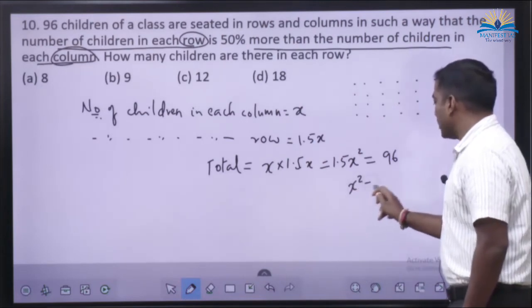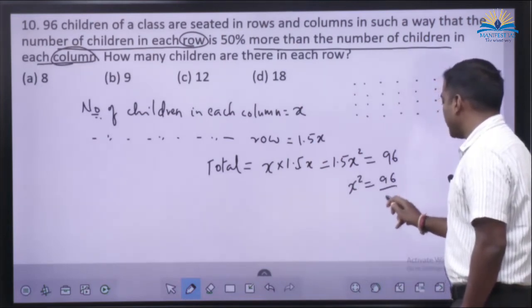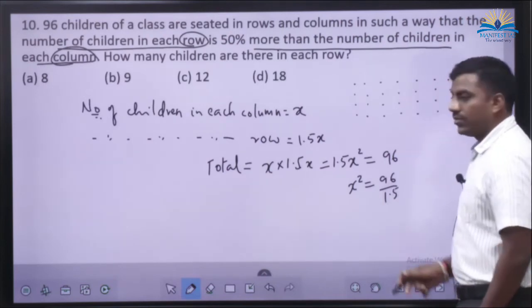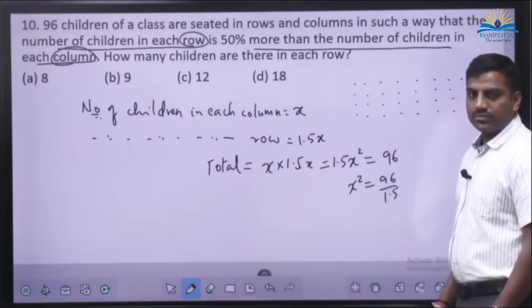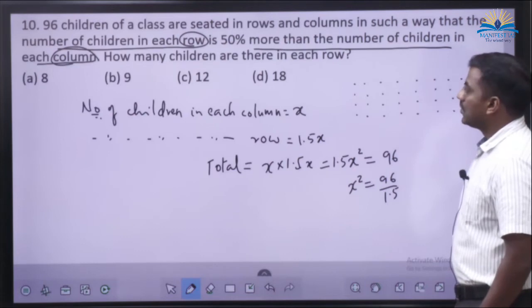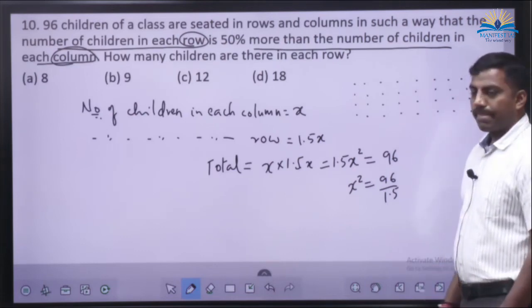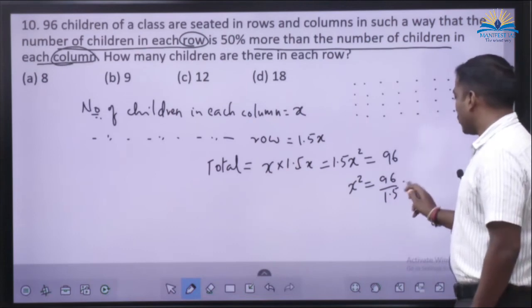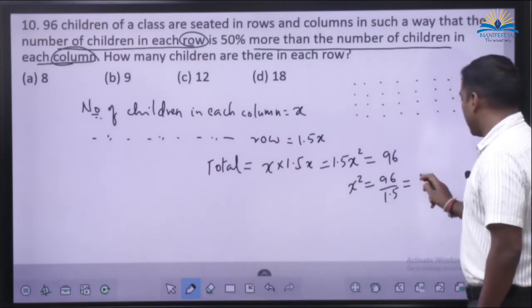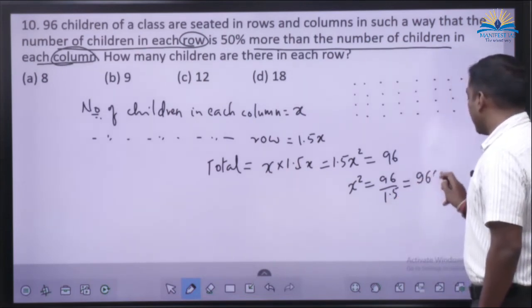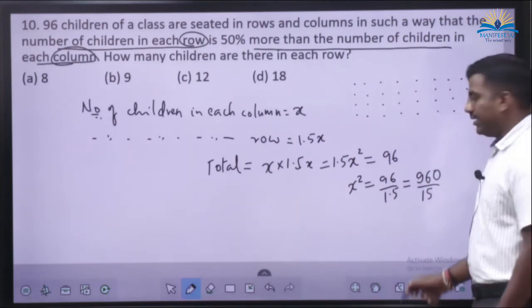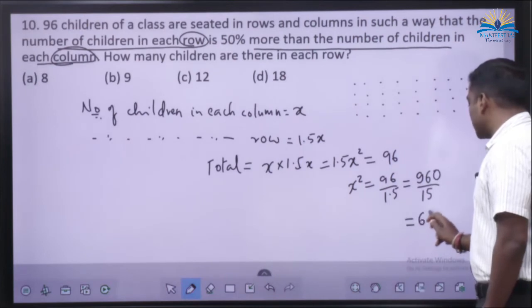1.5x square is equal to 96. X square is equal to 96 divided by 1.5. Correct, no? So, get rid of this point. It will become 960 divided by 15. 960 divided by 15: 15 sixes are 90, 15 fours are 60.